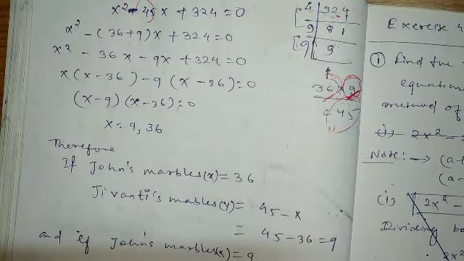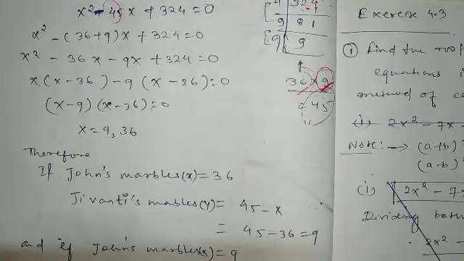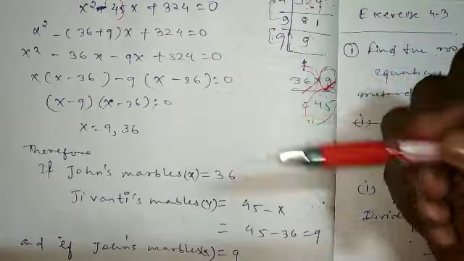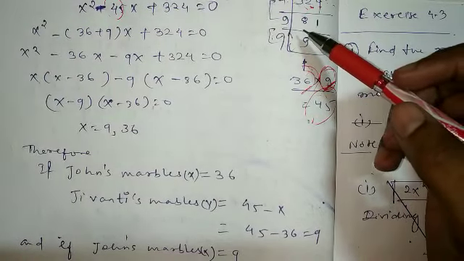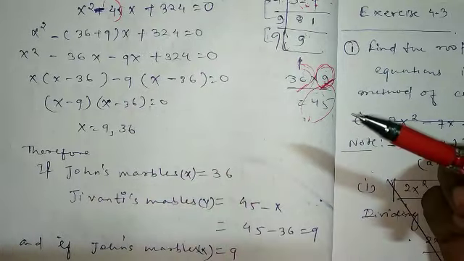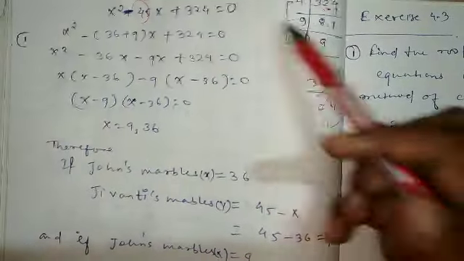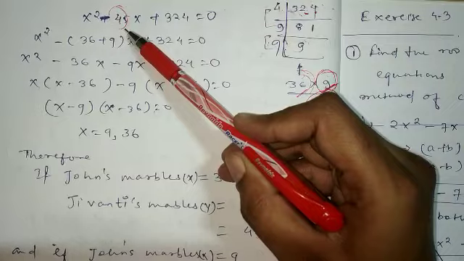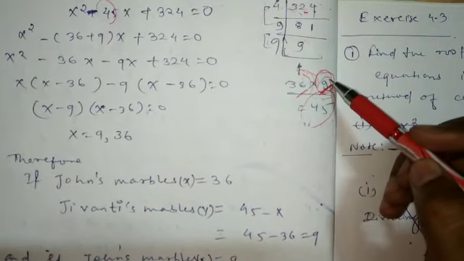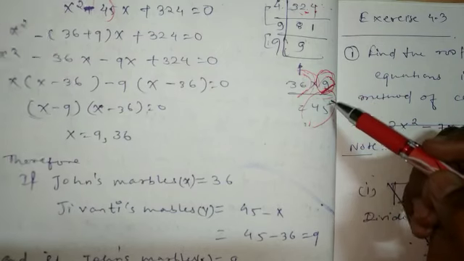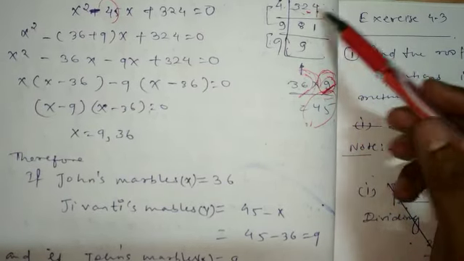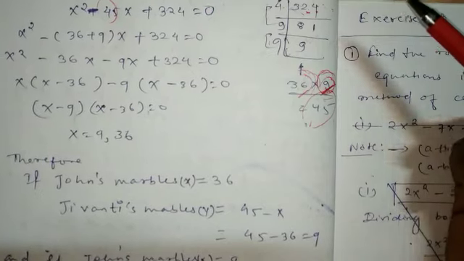So we have to be a little bit careful about how to choose the numbers, so that we can easily factorize this given equation. So this is 45. This can also be written as 36 plus 9, that is 45. And after multiplying 36 and 9, you will also get 324.